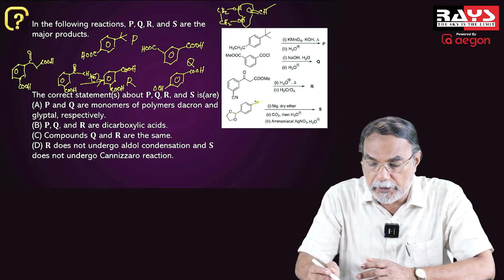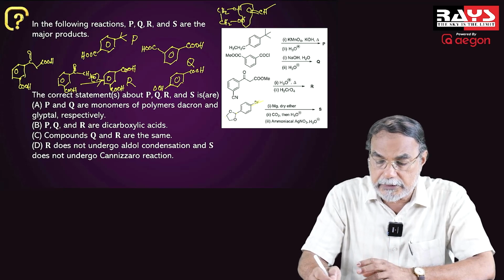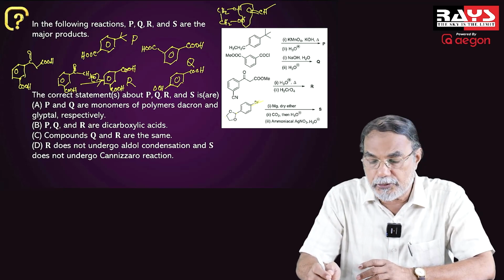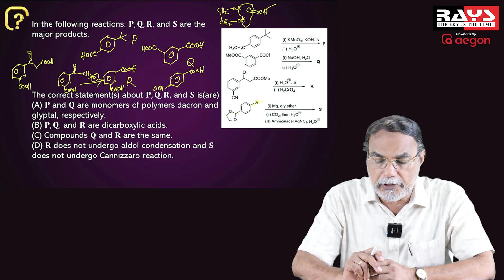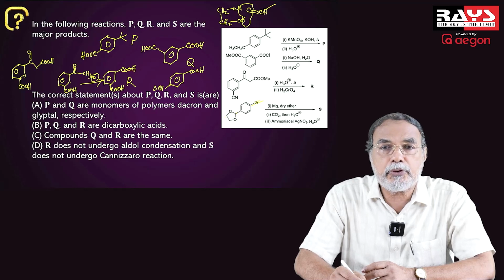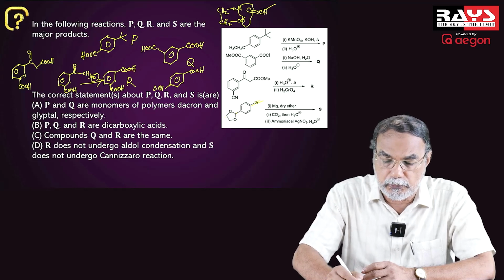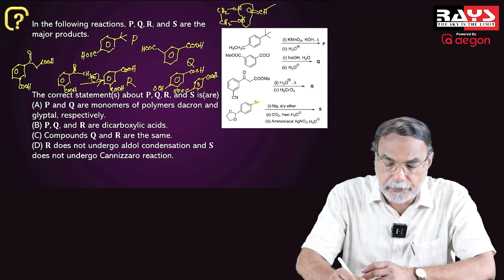So that is the product formed, and one more step is there, and that is the reaction with ammoniacal silver nitrate, that is Tollens reagent. And we know Tollens reagent oxidizes the aldehyde group to the acid group. So the final product formed in the reaction is COOH, and here you have COOH.